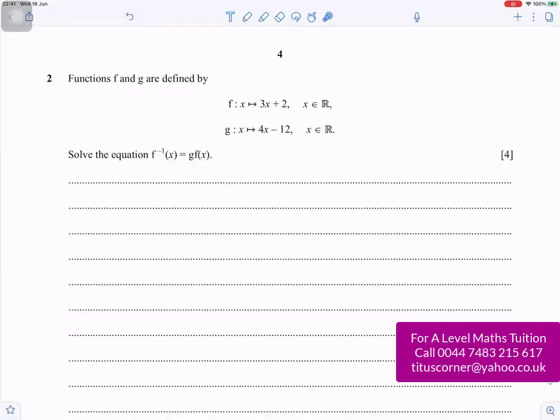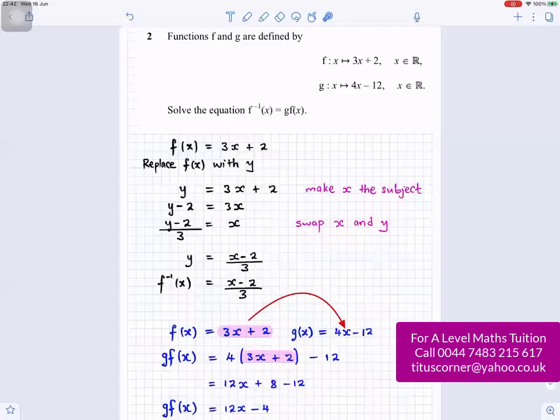Question number 2. The functions f and g are defined by, and that's f and that's g. Solve the equation f inverse of x equals gf of x. F of x is 3x plus 2. So we replace f of x with y.